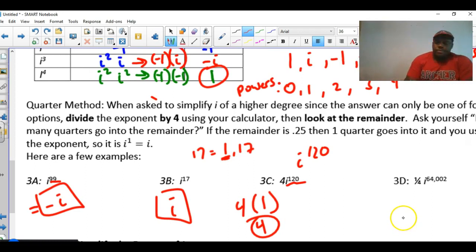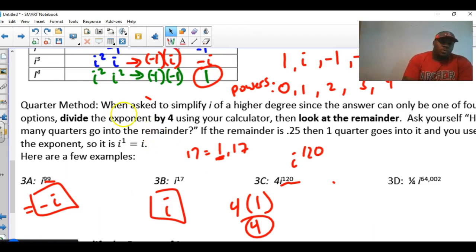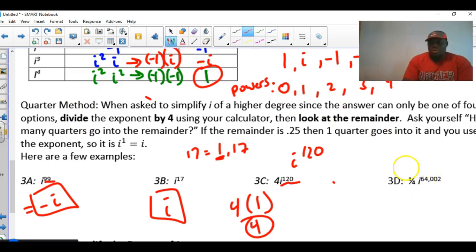Even over here, we have i to the 64,002. Let me show you a little calculator trick real quick. This is called the quarter method. I'm going to show you with the calculator how you can solve this portion, or you'll know which chart to use.